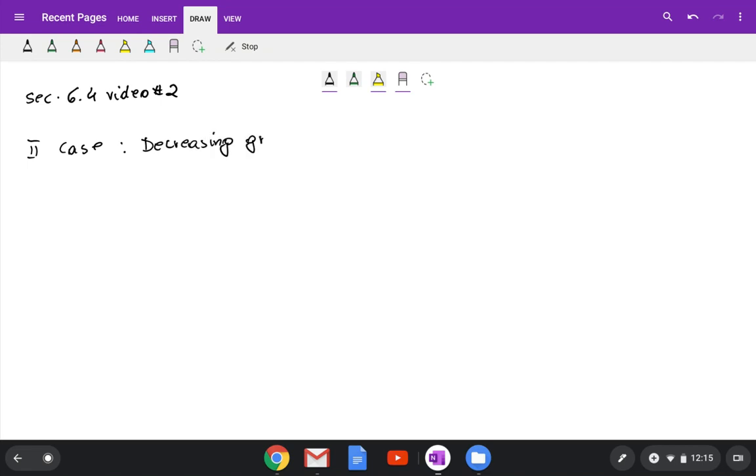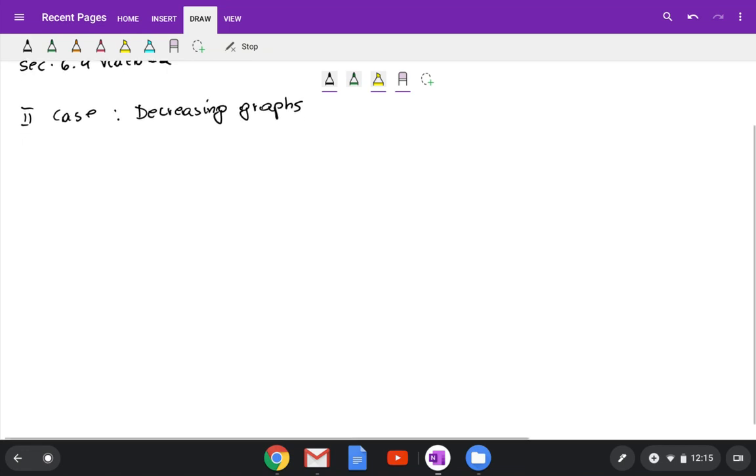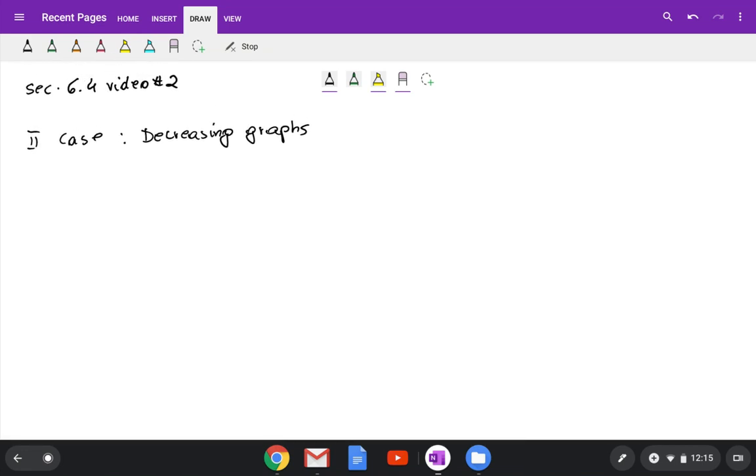I'm going to graph both the exponential decreasing function and the logarithmic decreasing function so we can see exactly that they are inverses. So let's start with the exponential decreasing function. Let's review that.